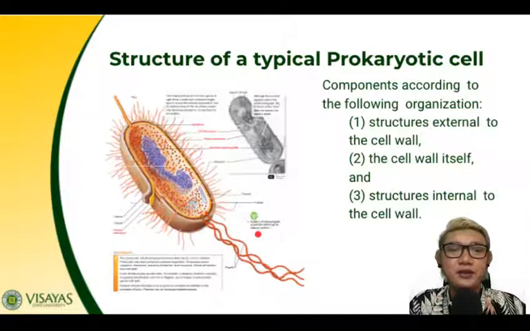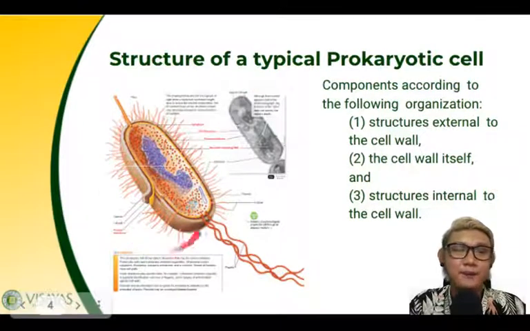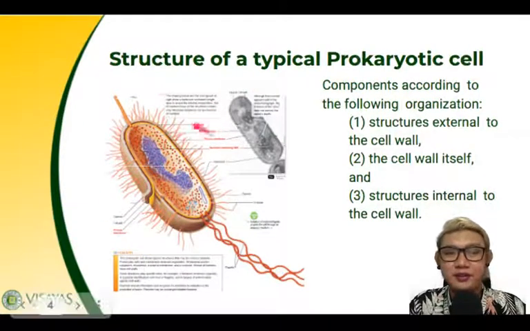Now, if you look into the structure of a typical prokaryotic cell, of course, in our previous lesson, we have already discussed the properties of a prokaryotic cell. We have already defined what is a prokaryotic cell. Now let us go deeper into the different structures that we can find in a prokaryotic cell. The components of a prokaryotic cell are organized into the following.